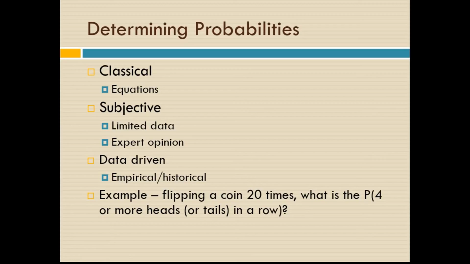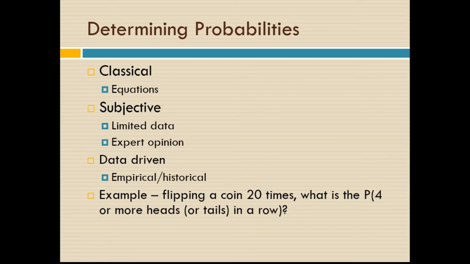We can have people who really understand the system, they just don't know how they come up with it, and it can be a good answer. So don't discount subjective calculations based on expertise and experience, but I'm not going to teach that. We want to focus on, and it's one of the outcomes of going through our MBA, that we want you to be data driven. We want you to be able to take data and turn it into information. So in this case, we want to be able to take data and convert it to likelihoods or probabilities.